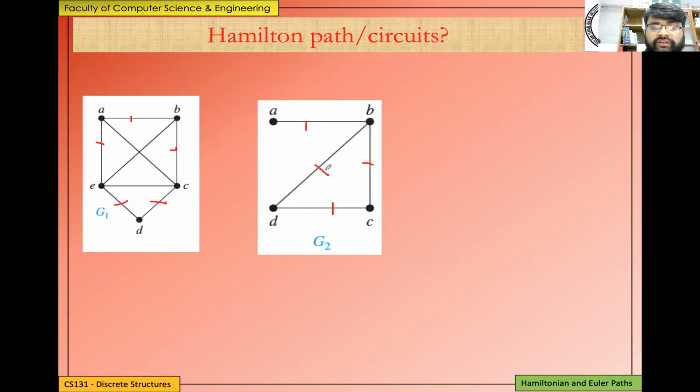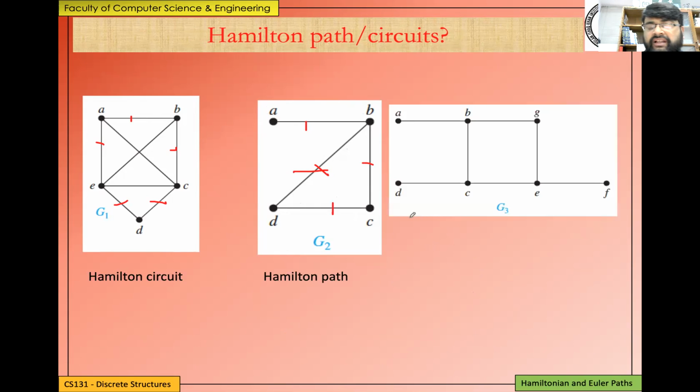Sorry, not this one, because then you reach back to B, which is not your starting vertex, and you don't want to use it. So this one contains a Hamilton path because we used all four vertices. However, it does not contain a Hamilton circuit because the starting point and ending point of this Hamilton path are different. So the previous one contains a Hamilton circuit, and this contains a Hamilton path, like I showed.